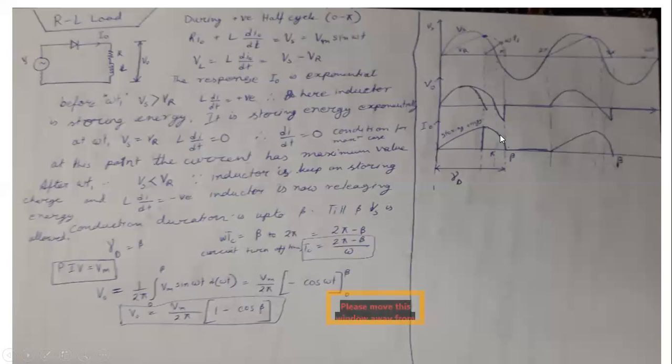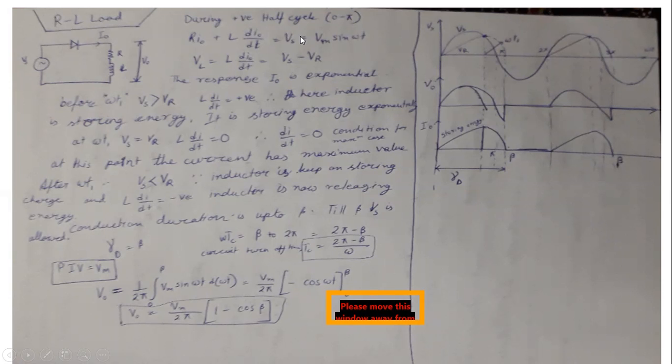So the current will flow after pi also. Suppose a point beta, so from 0 to beta the current conducts. During that current conduction we can also get output voltage. So after pi, the supply voltage will continue to conduct, and we can get the output voltage in the negative half cycle also, up to beta.